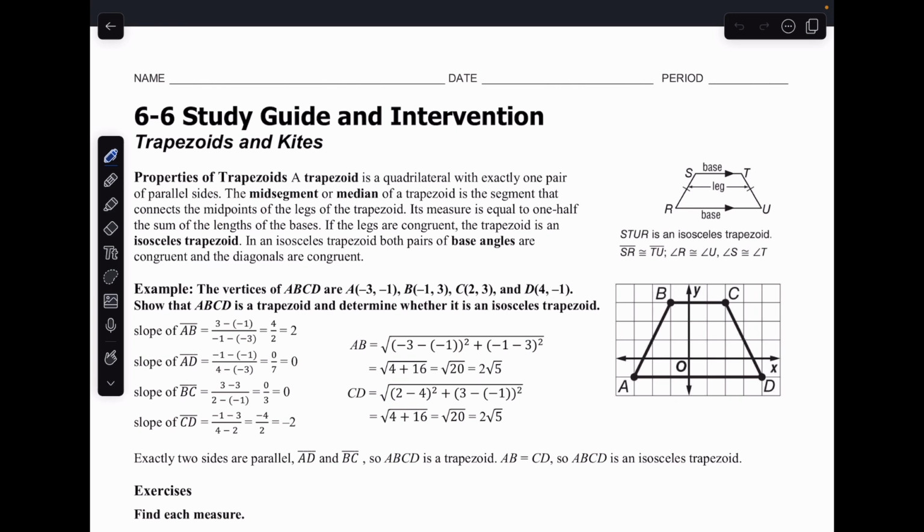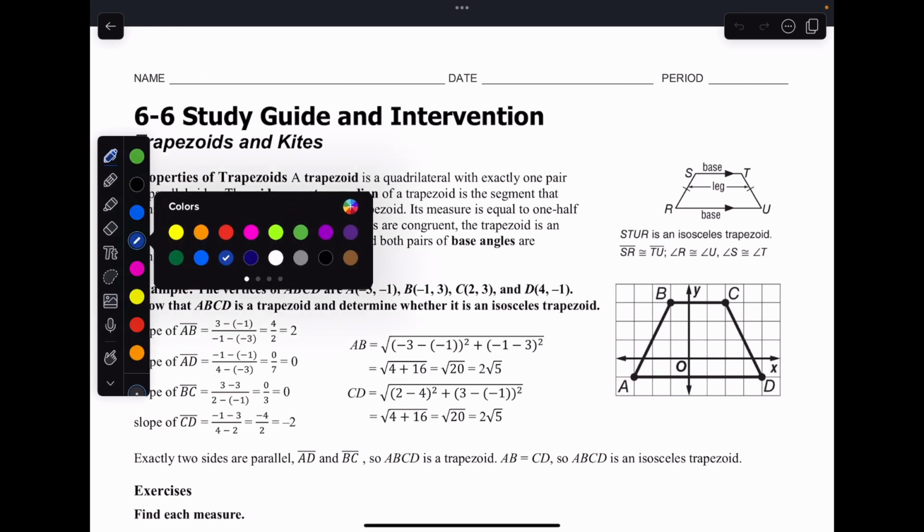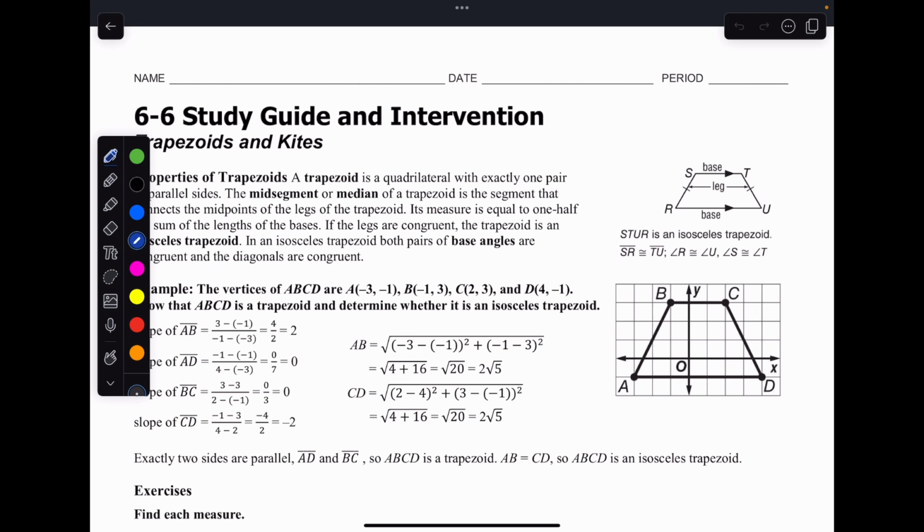I am going to start with the understanding that you know lesson 1-2, which is the distance formula, lesson 3-3, which is the slope formula, lesson 8-3, which are the special triangles 30, 60, 90, and 45, 45, 90, and lesson 6-1, that was the lesson where we talked about the inside angles of any polygon.